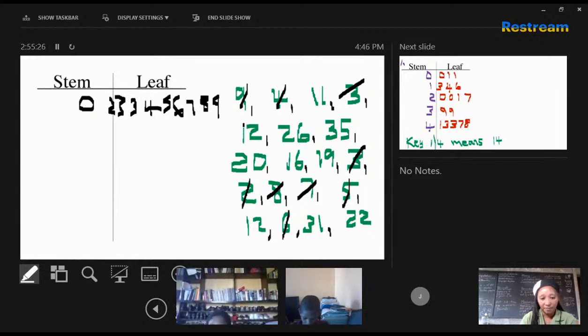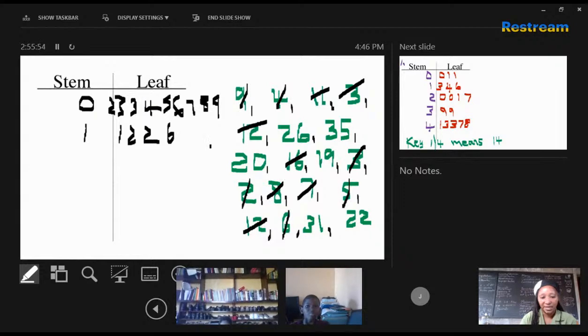So then now, the 2-digit numbers starting with a 1. So where the stem is a 1, we have 11, 12, another 12, and 16. So cross those out.